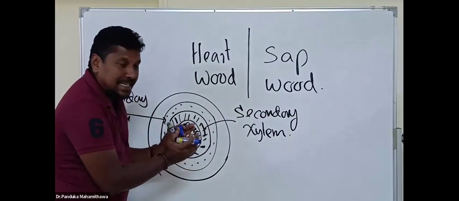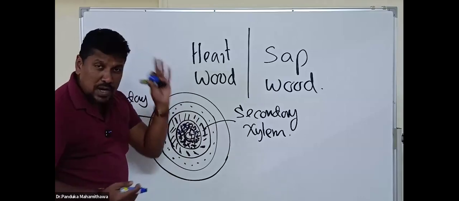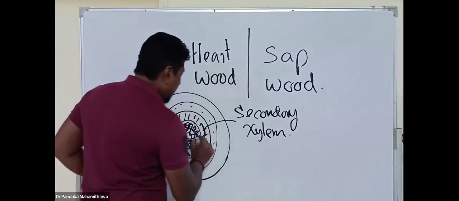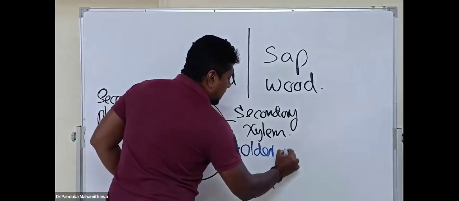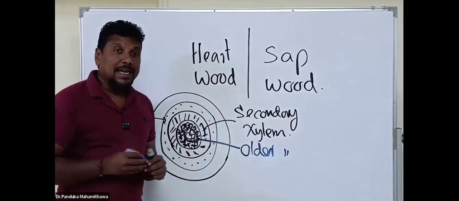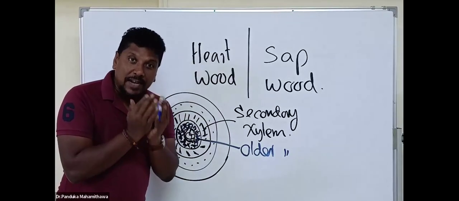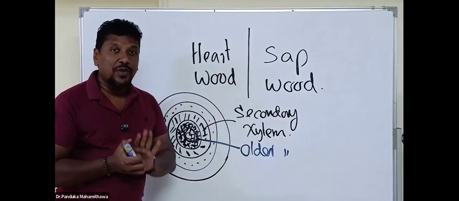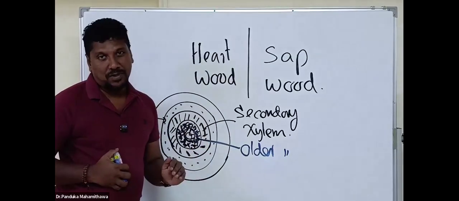To the inner core, you get the older region of the secondary xylem. What happens in this older part is that the cell cavities are filled by various types of resins and other compounds.